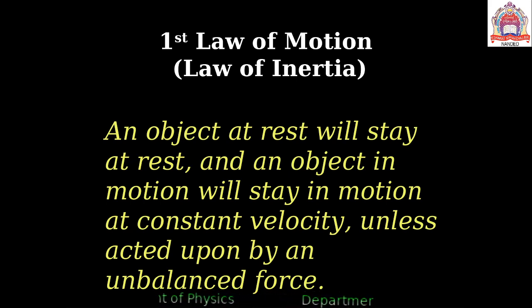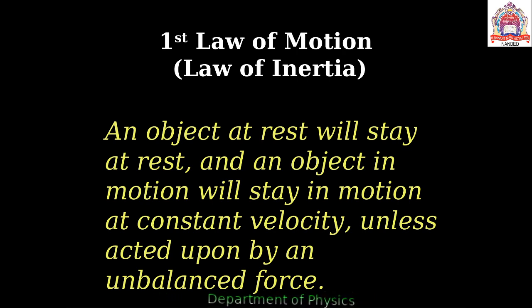If the forces are balanced, there are two ways we can arrange it: object at rest and object in motion. When the object is at rest, velocity is equal to 0 meter per second. When the object is in motion, velocity is not equal to 0 meter per second.